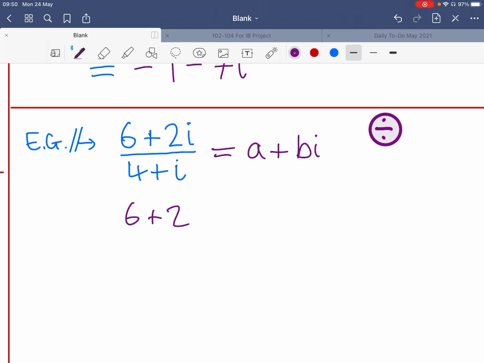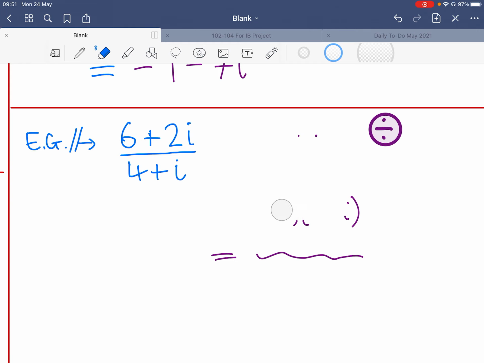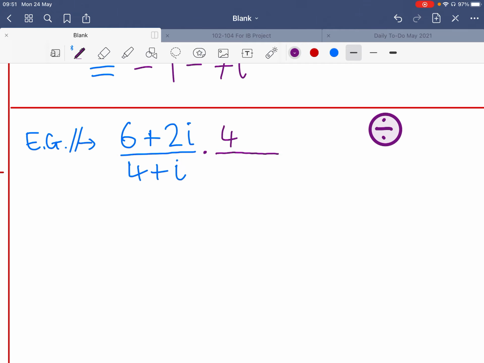And you can go from there and multiply by this denominator, expand this, and then set the real parts and imaginary parts equal to each other. That's a perfectly valid way of doing this. But I'm going to show you another one. Now I'm going to multiply this by another fraction. And it's going to be not 4 plus i, but 4 minus i.